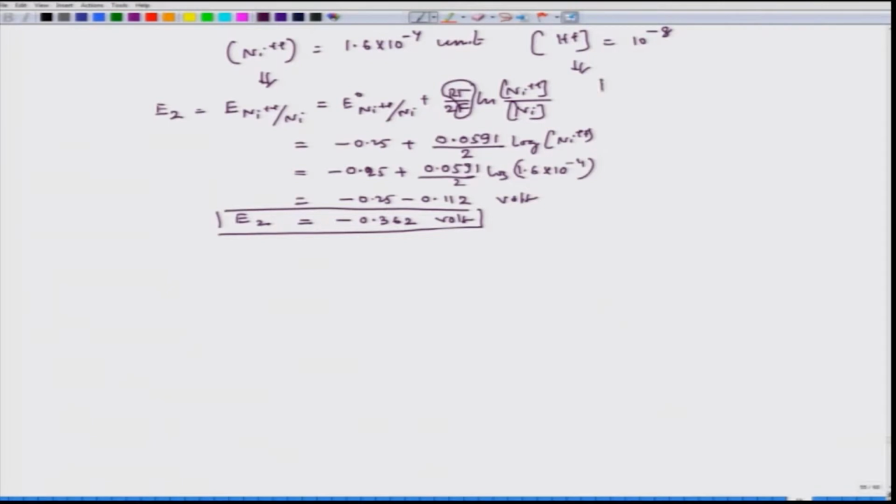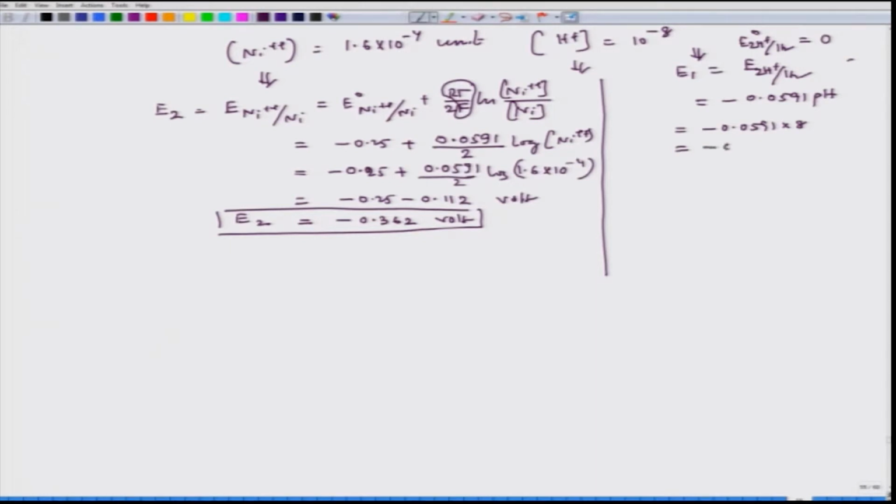Now, we can calculate E1, which is this side. E1 equal to minus 0.0591 pH. We have done this particular calculation before, because E0 H plus H2 equal to 0. So, E1 becomes minus 0.0591 into 8, which is minus 0.473 volt.